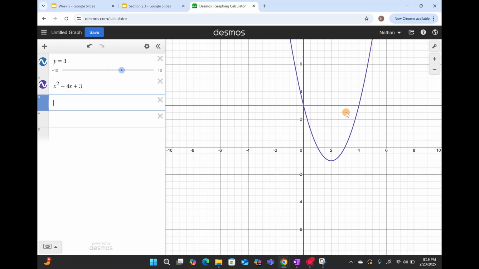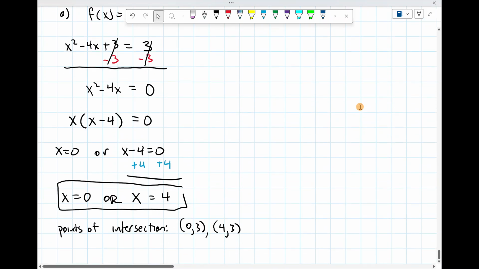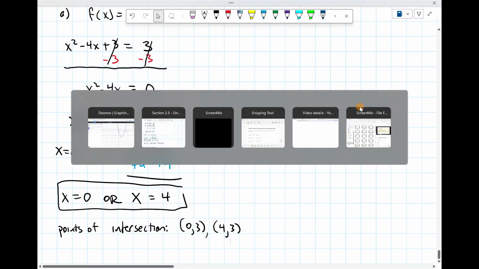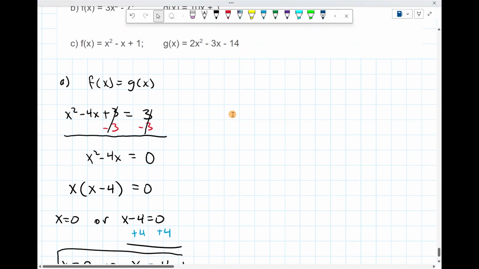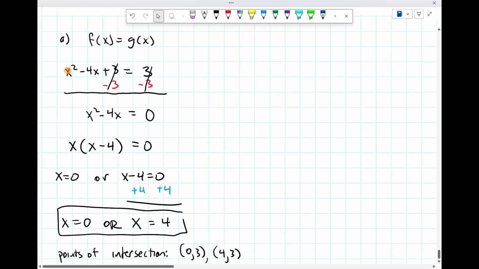Hit enter. And our points of intersection are (0, 3) and (4, 3). As we see, we got that correct. Now, you could have also just plugged 0 and 4 into the equation x squared minus 4x plus 3. You would have gotten the same answer.